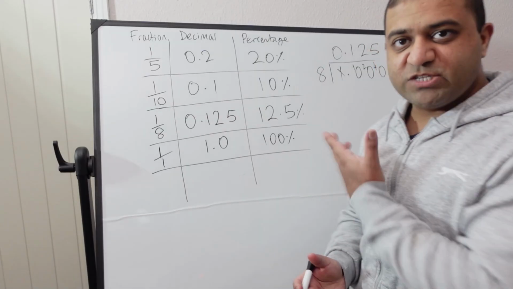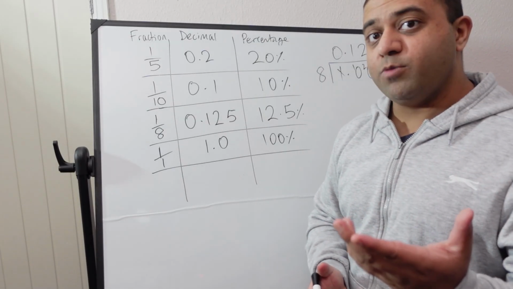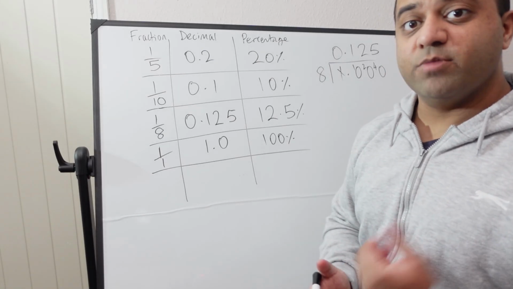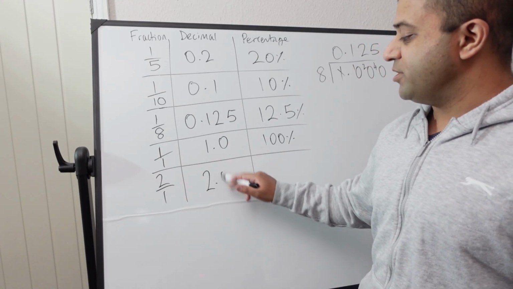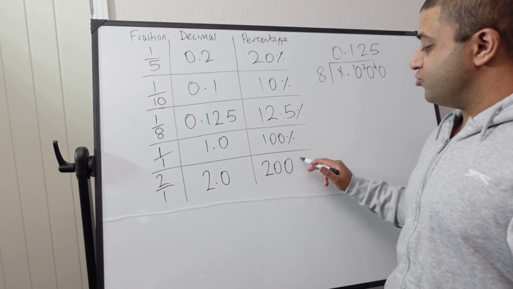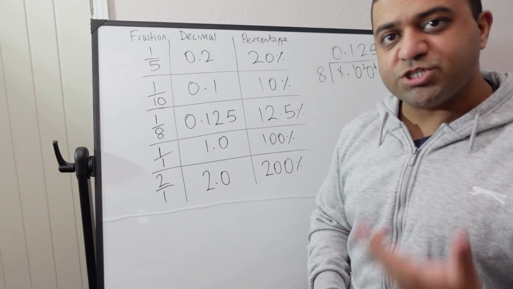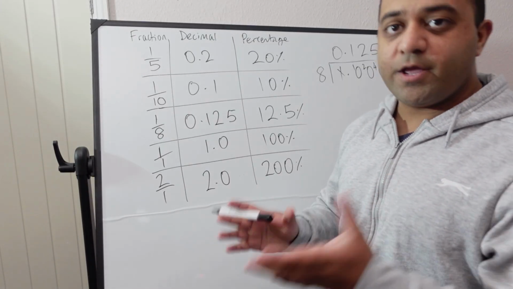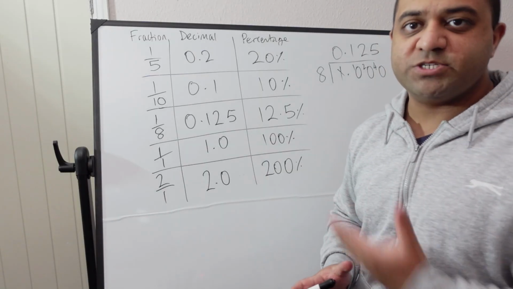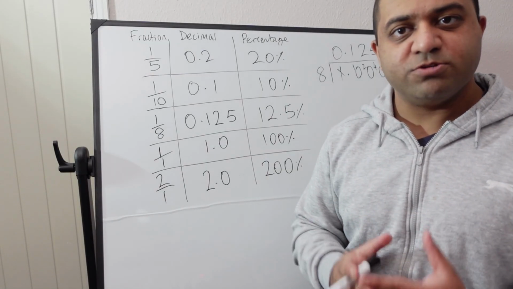But all three of these are equivalent. And another one that would be useful to remember is the number 2. If we have 2/1, 2.0, this can be 200%. So remember, percentages can go beyond 100, so we should be able to convert higher numbers than 1 into a percentage.